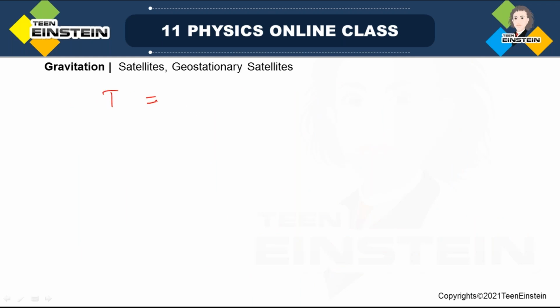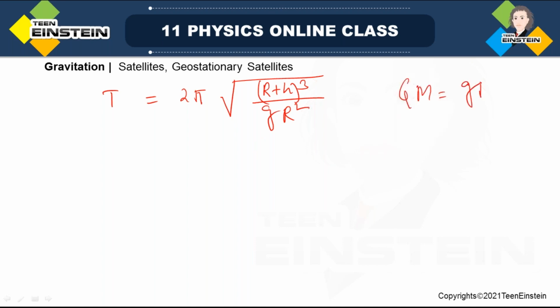Let me write the time period we have got in terms of small g also: this is r plus h whole cube. I am writing in terms of small g because capital G into m can be written as g r square.